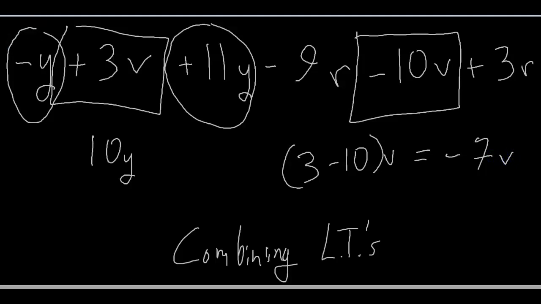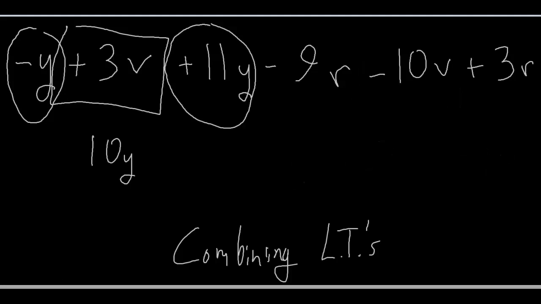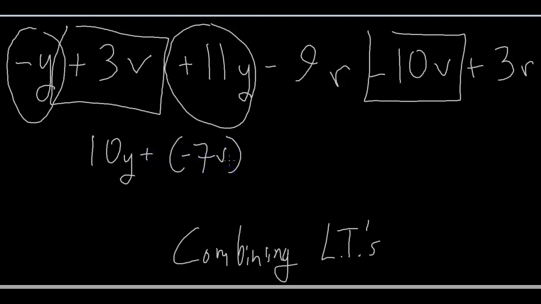All right, so let me create some room here. So we have negative 7 v's because 3 minus 10 is negative 7. So we're adding to our simplified term negative 7v, right? Because our v term is negative 7v, where I'm adding all of our different terms together. So we're adding to our final answer negative 7v, which remember is the same as subtracting 7v. All right, minus 7v here.